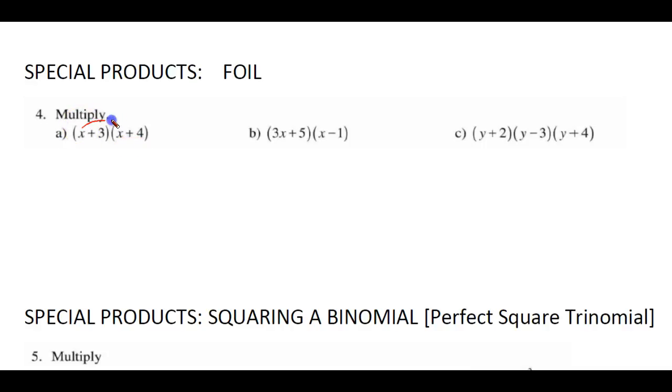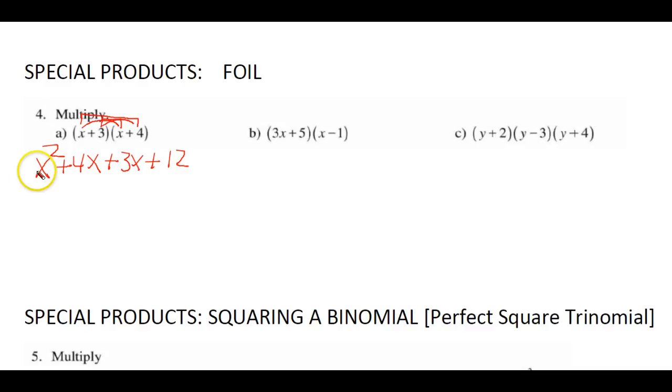So x times x gives me an x squared. That's our first. Our outers give me a positive 4x. Our inners give me a positive 3x. And our last gives me a positive 12.